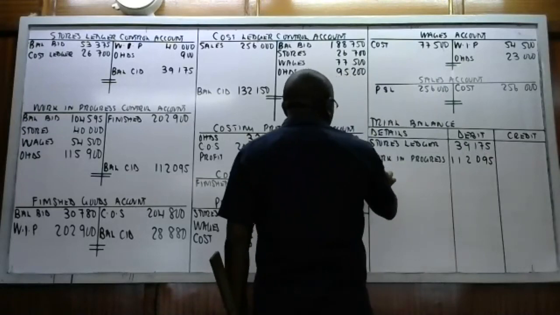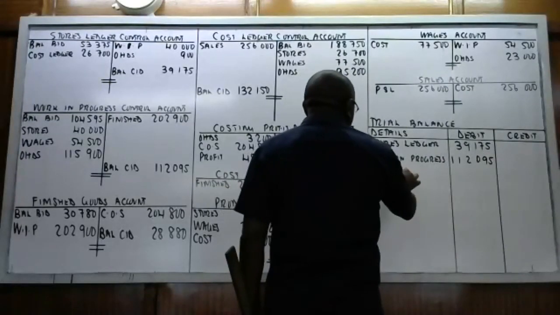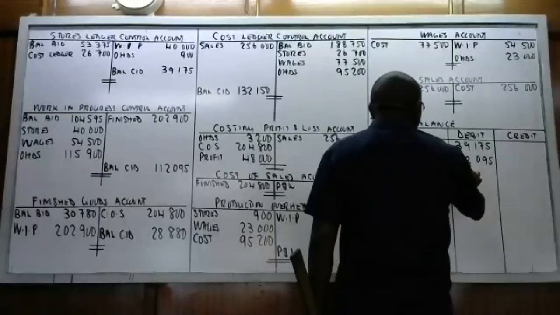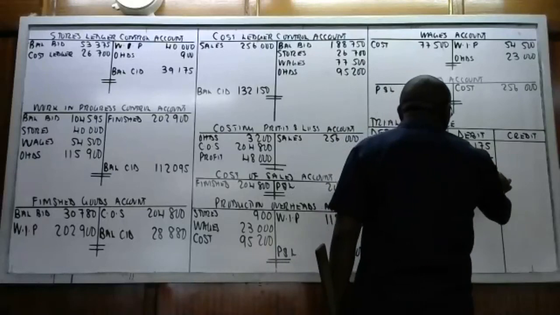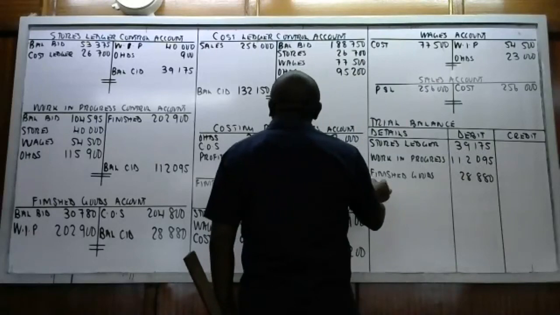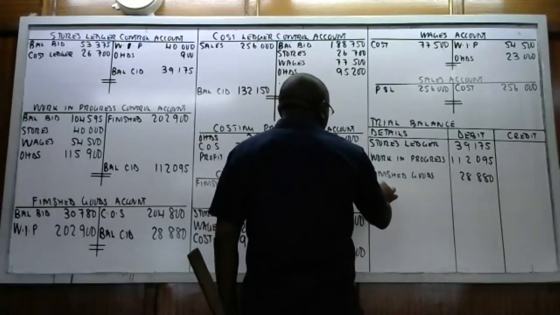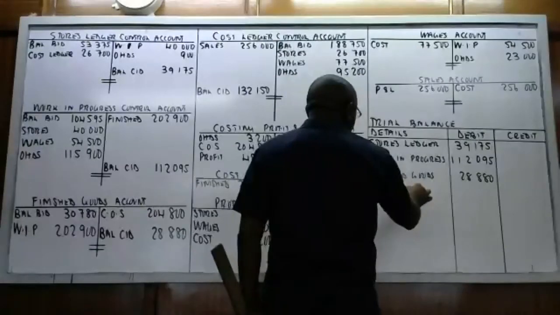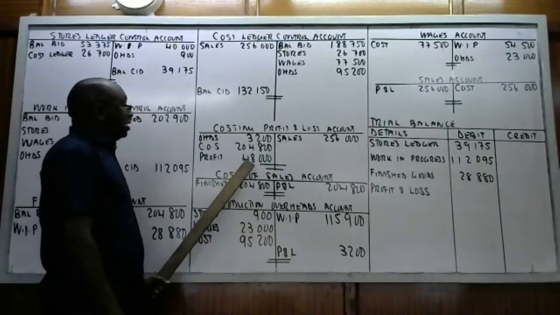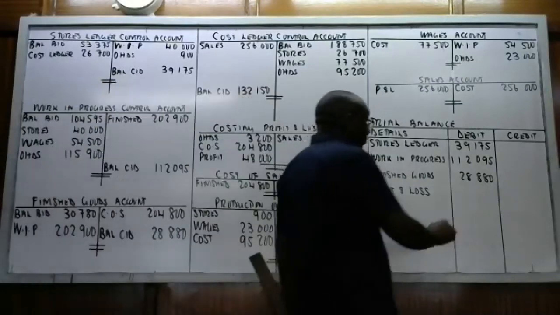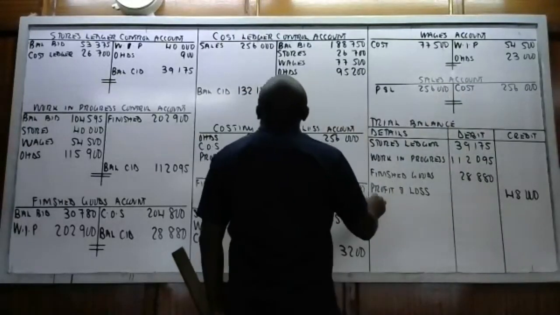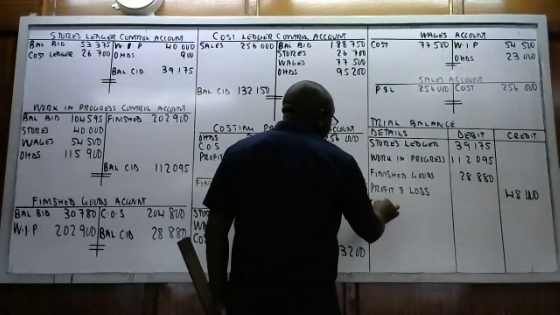Finished goods also has a debit balance of 28,880. The other one is the P&L, profit and loss. It has a credit balance because it's a profit, 48,000.